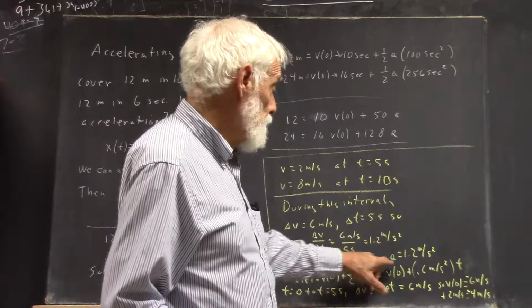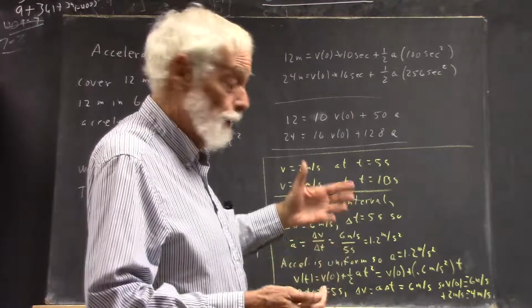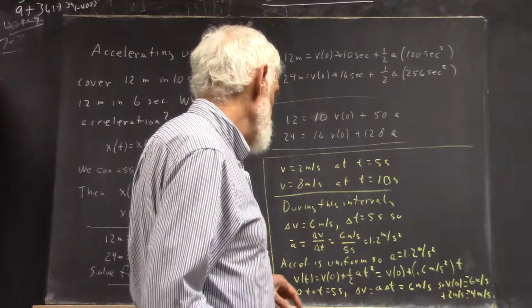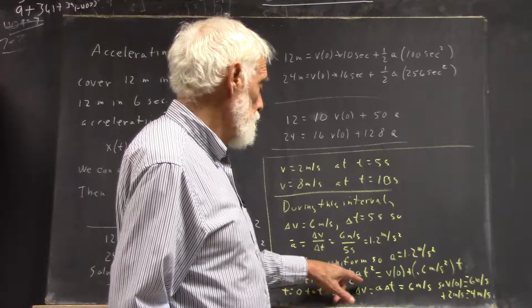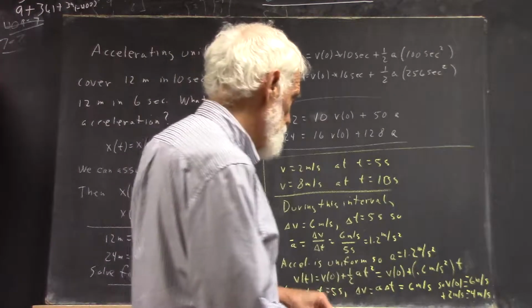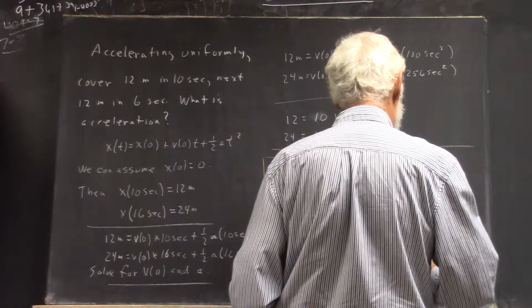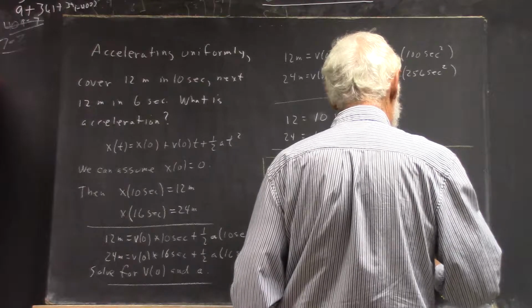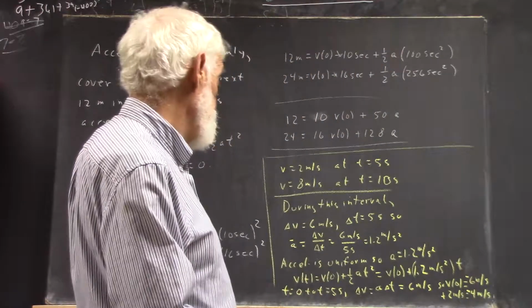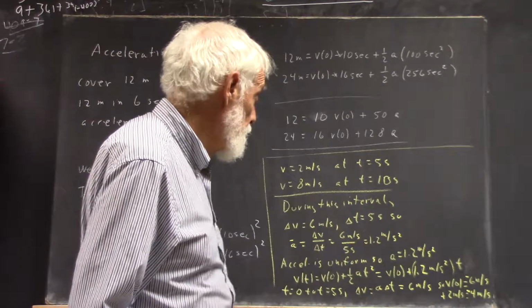Since acceleration is uniform, the acceleration at any instant equals the average acceleration on that interval. So we could write v of t equals v of 0 plus at, which is just v of 0 plus 1.2 meters per second squared times t, since that's our acceleration.